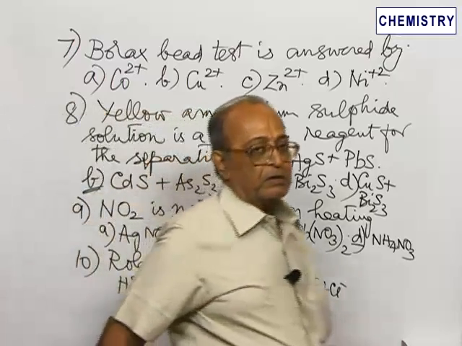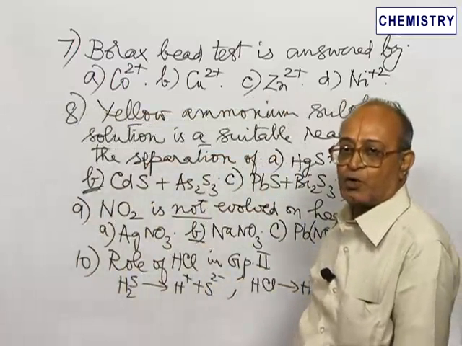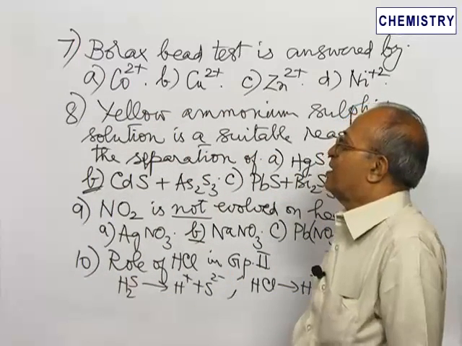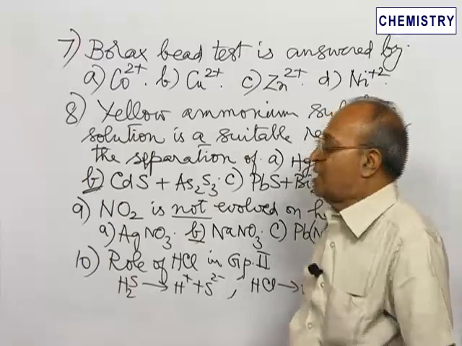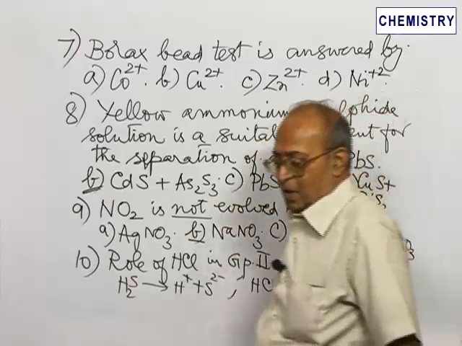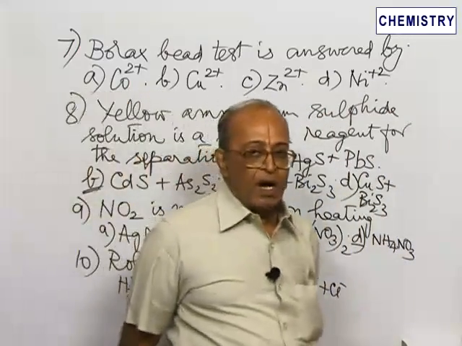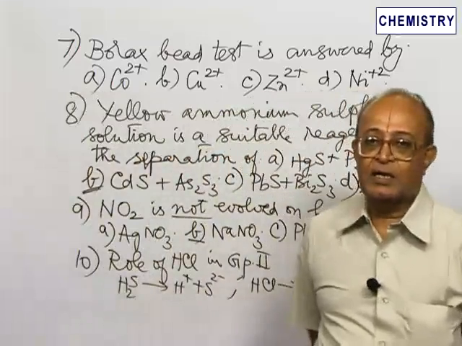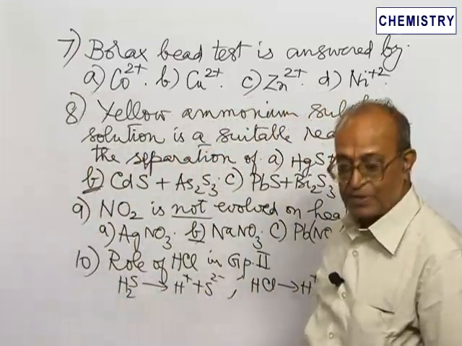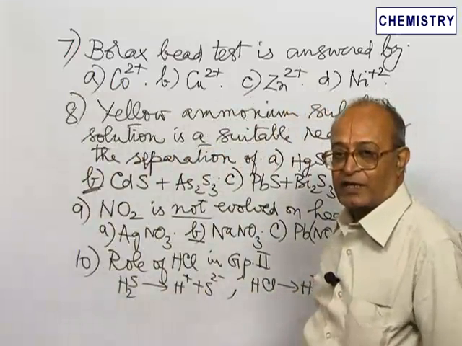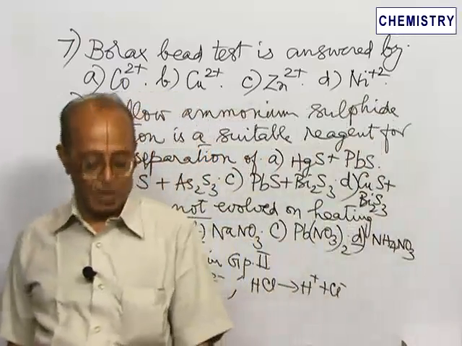Probably you remember, colored salts are usually those of copper, cupric salts, nickel salts, cobalt 2 salts. All of them are usually colored. Zn2+, for example zinc carbonate, zinc sulfate, zinc salts are colorless salts.